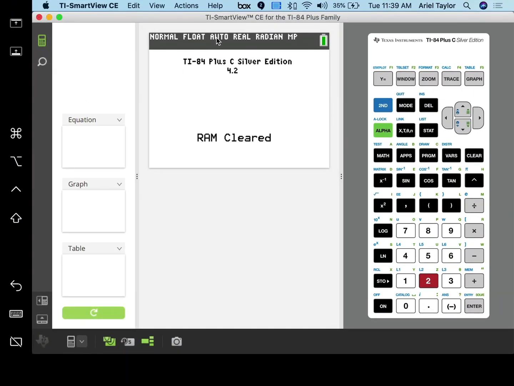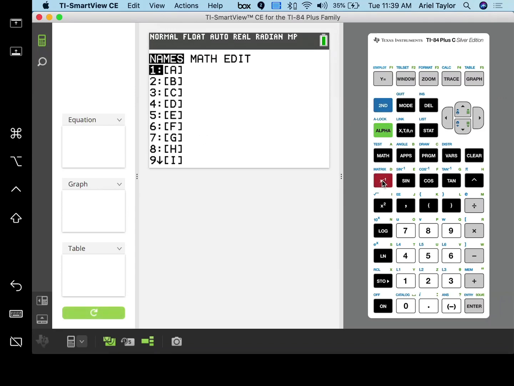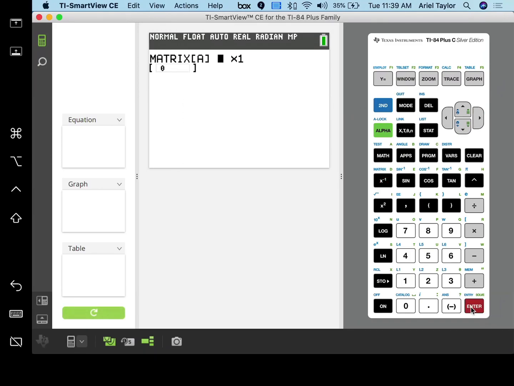On the calculator, I've cleared everything. I'm going to go to second inverse key, that's our matrix key. I'm going to go over to edit. Edit the first one.